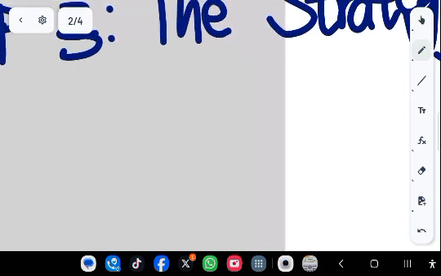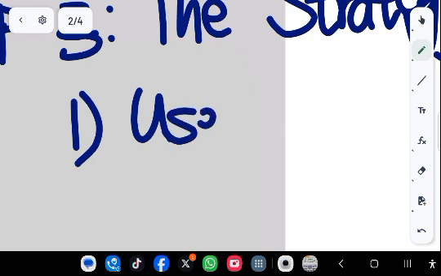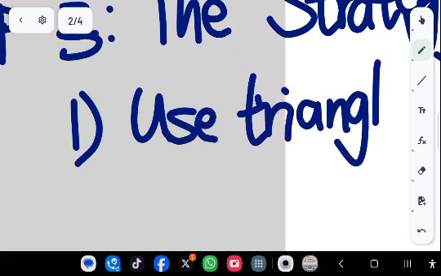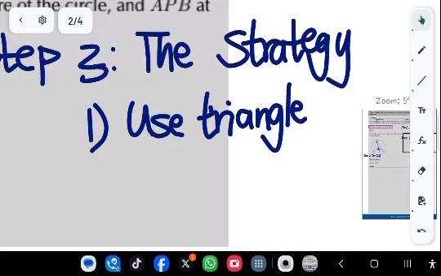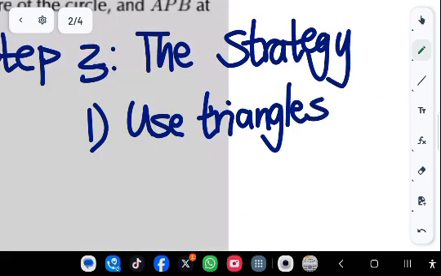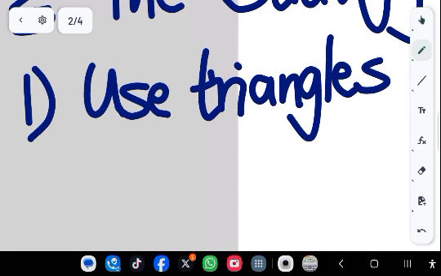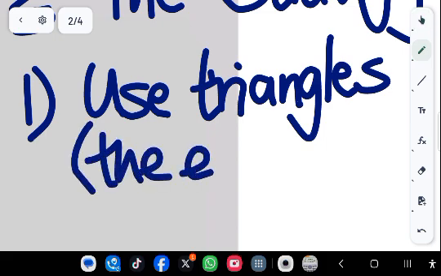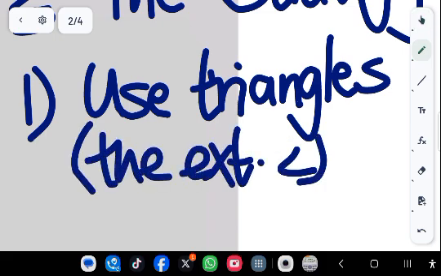So step number 1 is to use triangles, particularly the exterior angle of the triangle.